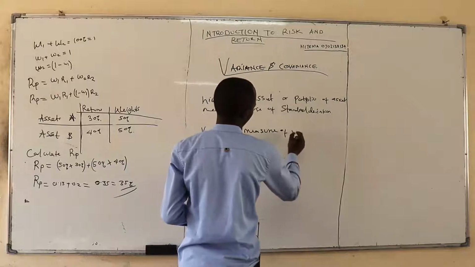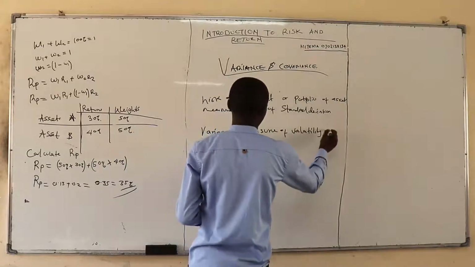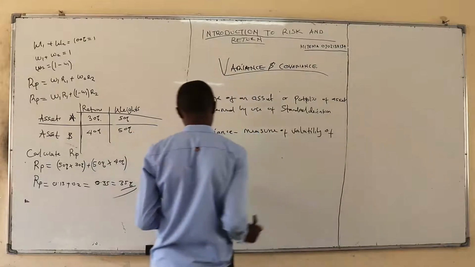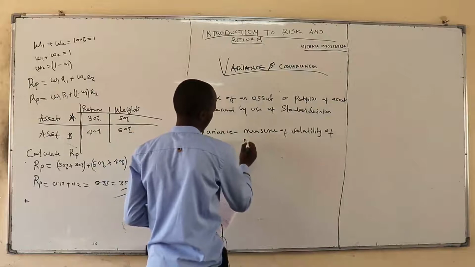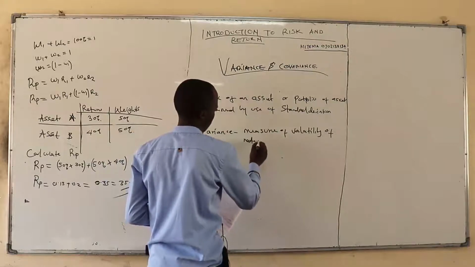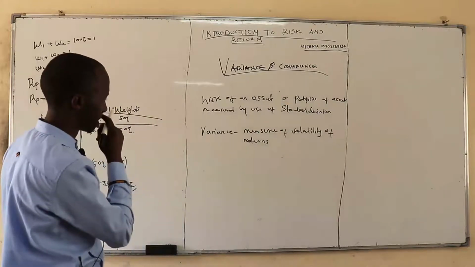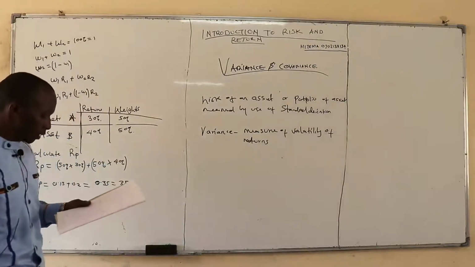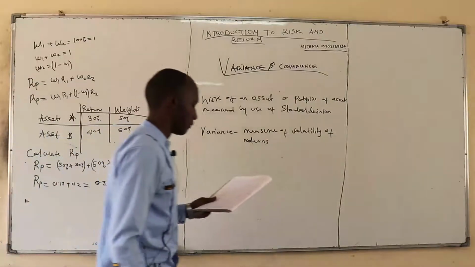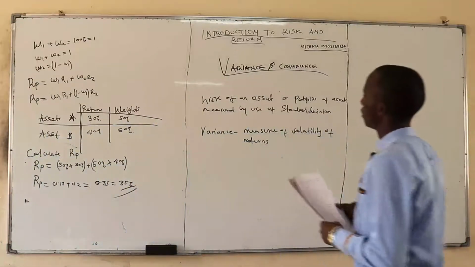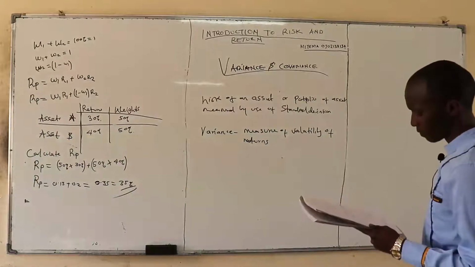Variance is measured as the average squared deviation from the mean. So this is measured as a squared deviation from the mean.